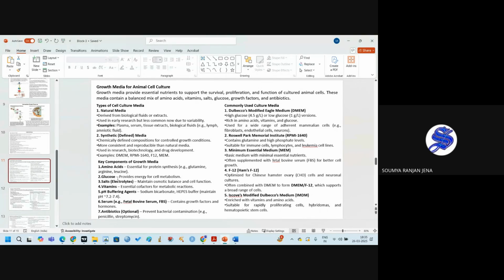The second one is glucose, because glucose produces energy for cell metabolism, so glucose is used in this medium. And salts and electrolytes, because electrolyte balance is required for osmolarity maintenance, so maintaining osmotic balance and cell function. And vitamins are also essential, required for metabolic reactions because these vitamins are the cofactors for enzymes.